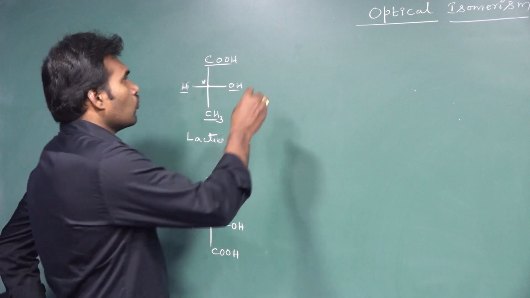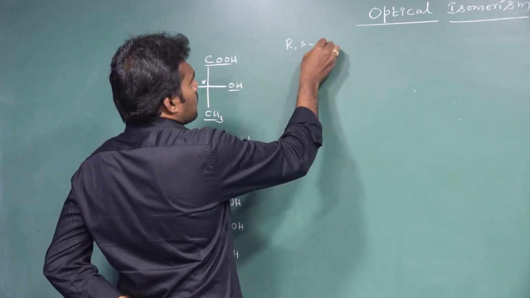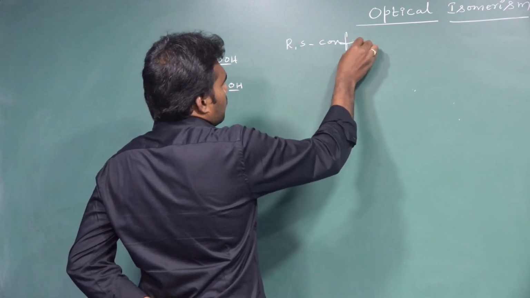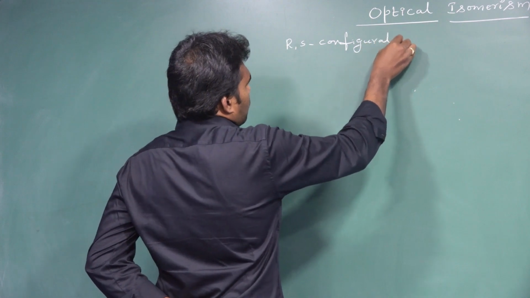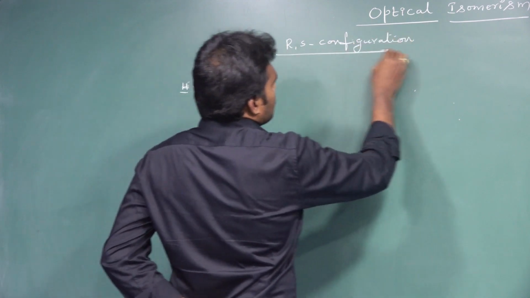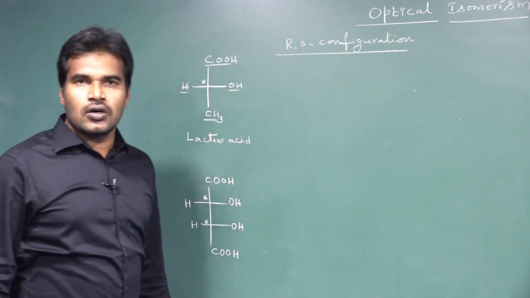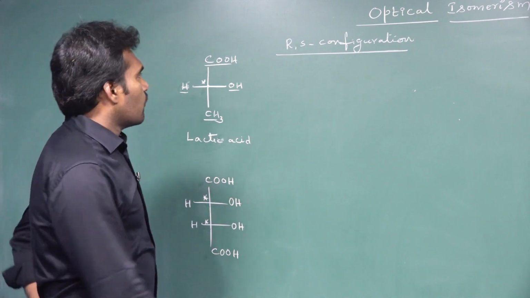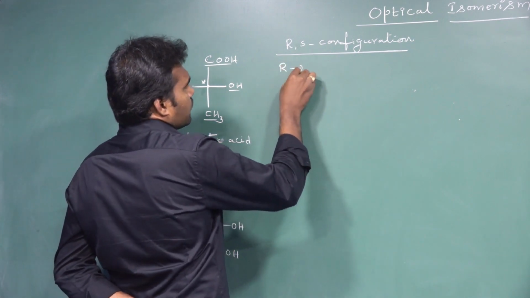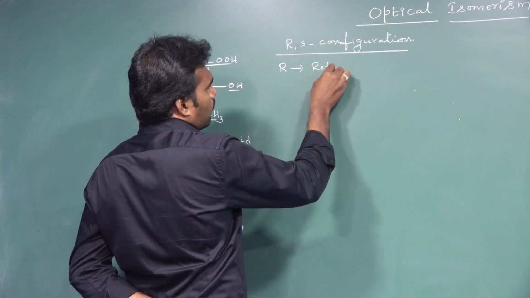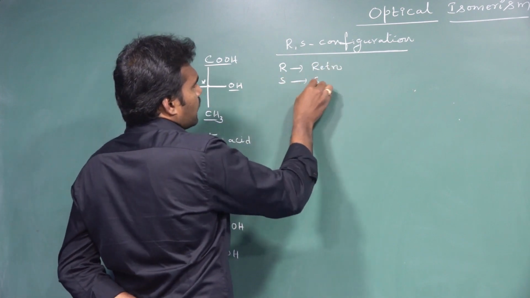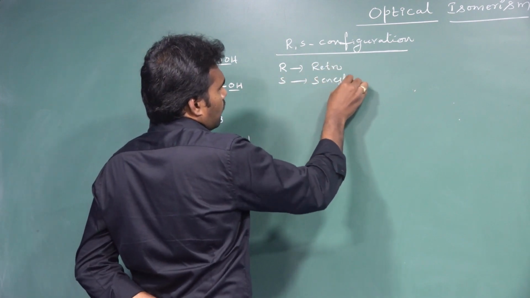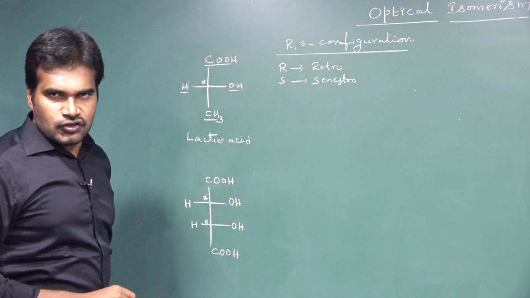Next, let us move to the RS configuration. This is also called absolute configuration. In this configuration, R stands for rectus and S stands for sinister.